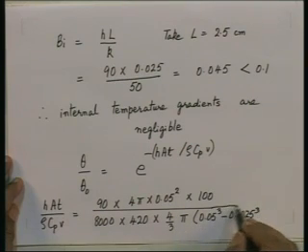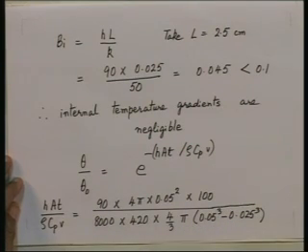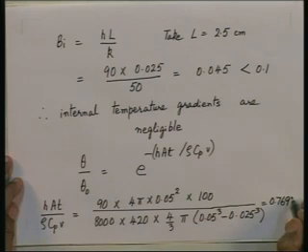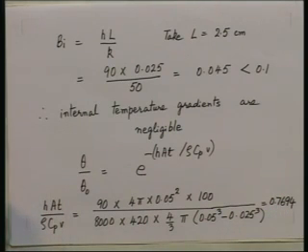That is the volume, and if you calculate that, you will get 0.7694. That is the value of H A T upon rho C P V.